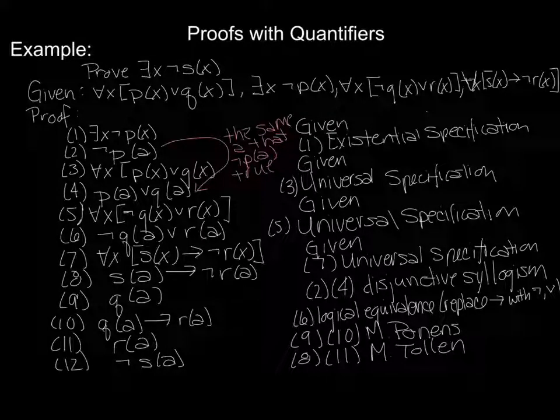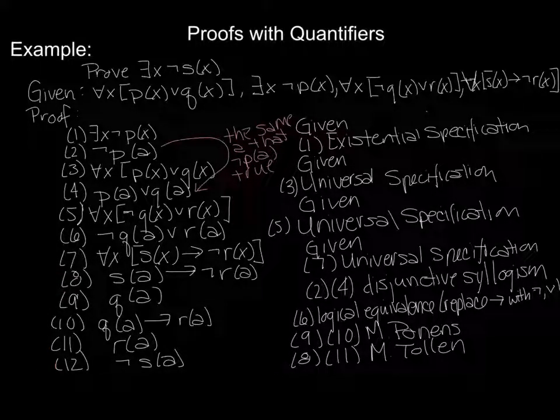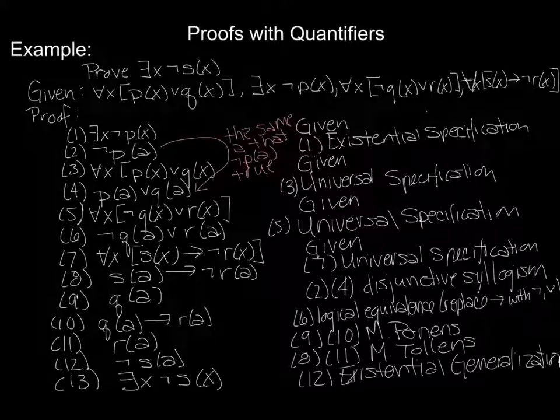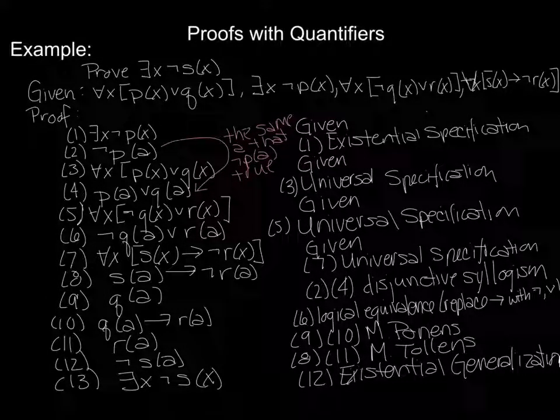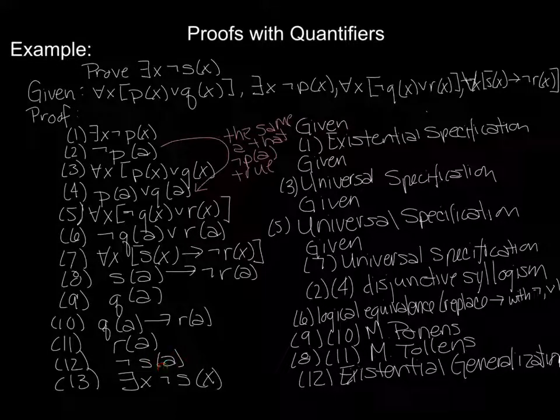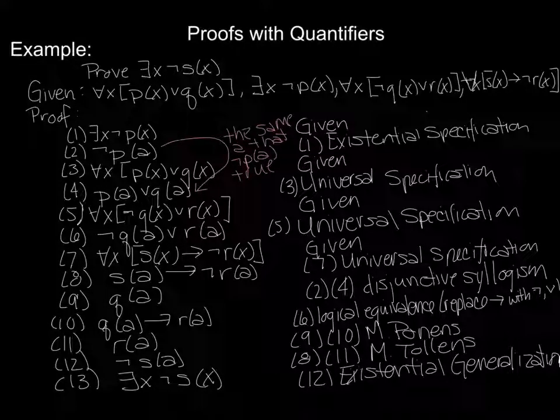So now I have S implies not R, but I also know that R of A is true, which must mean by modus tollens that not S of A is true. And finally, since it's true for some value of A, I can use existential generalization to say there exists some value x such that not S of x is true.